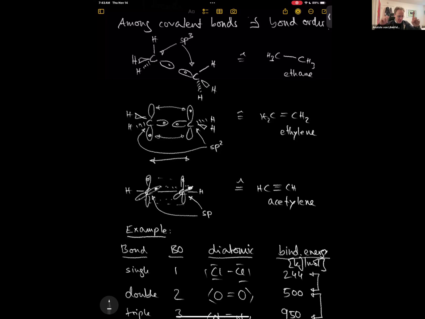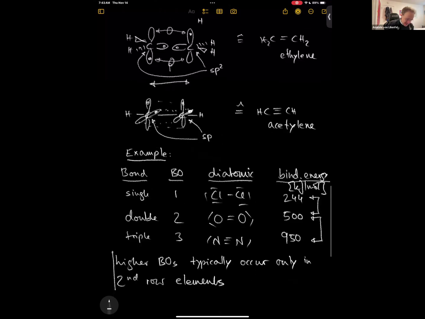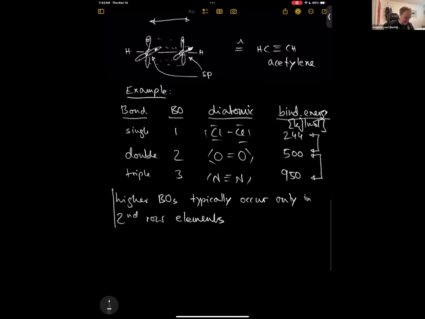So for the third row in the periodic table, 3p or 4p element, these orbitals would be so far away from each other that this kind of pi-pi interaction which you have here is too weak to meaningfully contribute. So that's an explanation for this, and we also have this by quantum mechanics.